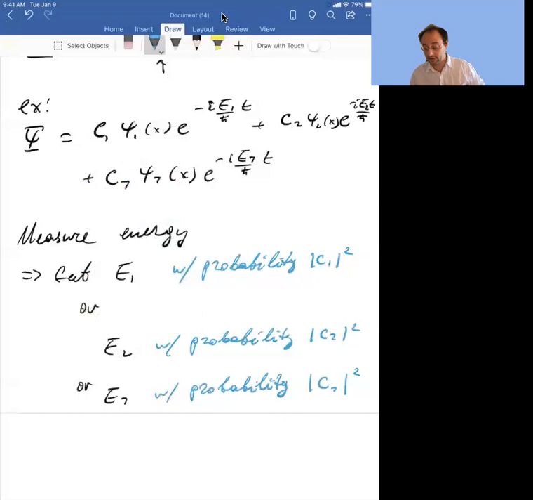That means that you're certain to get a result. What that means is that the probability to get E1 plus the probability to get E2 plus the probability to get E7 must add up to 1.